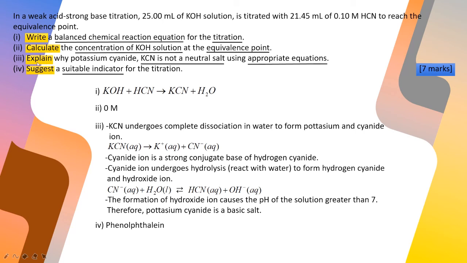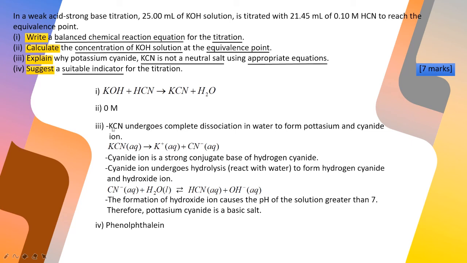And the third question is: explain why potassium cyanide, KCN, is not a neutral salt using appropriate equations. So the keywords are explain, KCN is not a neutral salt, and appropriate equations. We need to use appropriate equations, and we need to explain the reason as well.